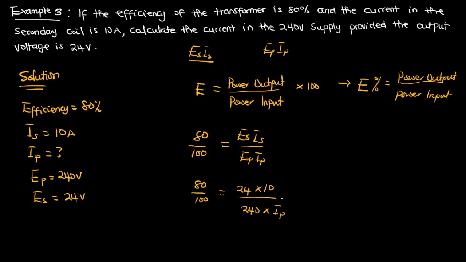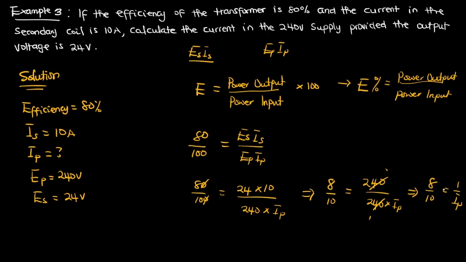So from here we can do a few cancellations and then get our answer. Obviously this will cancel this, so we are done with this side. The top over here, if you multiply 24 by 10, we get 240 over 240 multiplied by IP. So this will go into itself once, and we have 8 over 10 is equal to 1 over IP, because this has cancelled out.